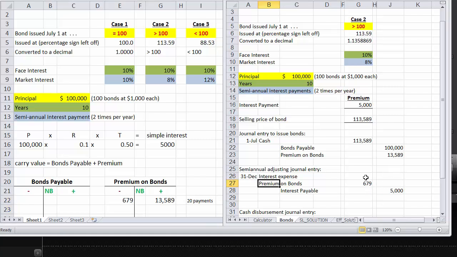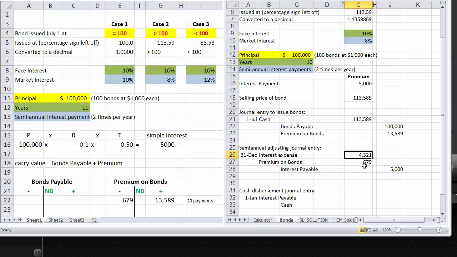And then the interest expense won't quite be the full $5,000 since $679 was debited to the premium on bonds. So that actually brings our expense to 4,321, because we were originally able to get a little bit more up front than we have to pay back.